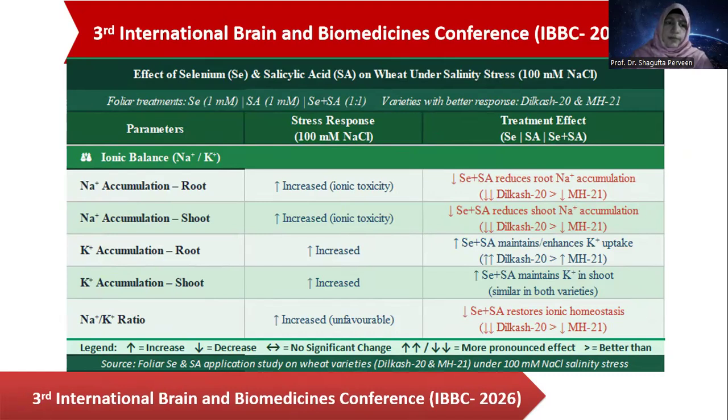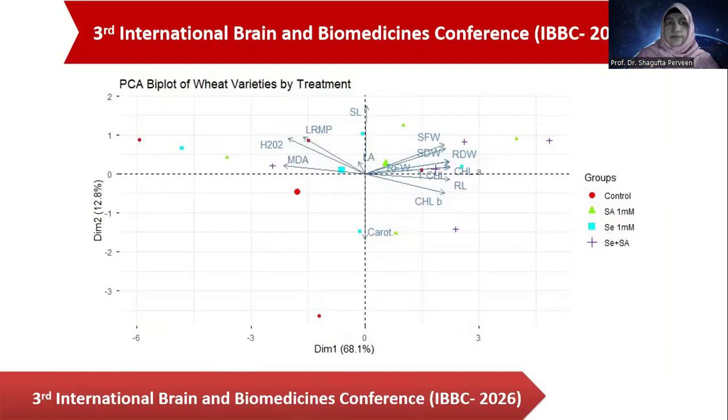Similarly, the sodium to potassium ratio increased under unfavorable conditions, while the application of selenium and salicylic acid restored ionic homeostasis. Of the two wheat varieties, Dilkash 20 showed more pronounced effects and better performance than MH21 under salt stress and non-stress conditions.